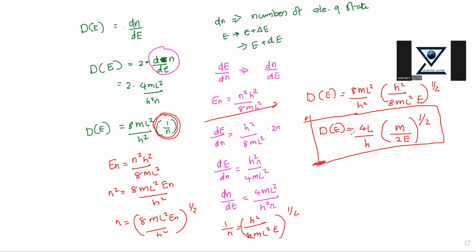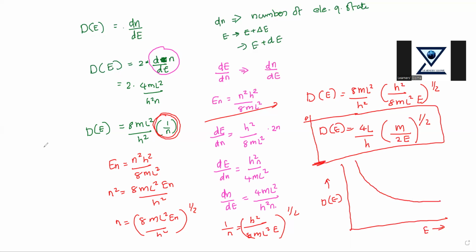And it depends upon E raised to 1 by 2 or minus 1 by 2. So if you draw the density of state against the energy of states E, with E increasing this way and the density of state increasing this way, we know that it is exponentially decreasing like this.